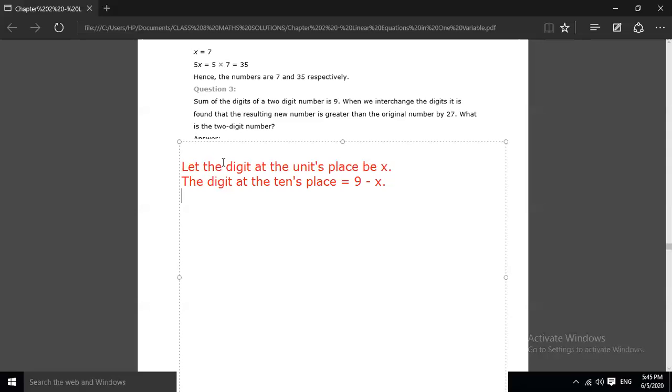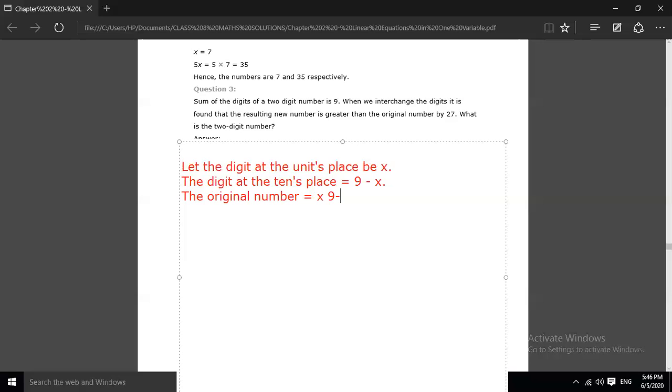So the original number, here we have to keep in mind, when we say 25, we can simply write tens place is 2 and unit place is 5. But here tens place is x and unit place is 9 minus x.